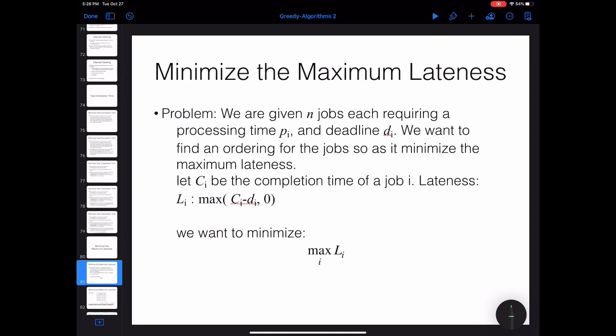How can I define the lateness? The lateness is defined as how much delay, how late you are in doing it after the deadline. So for job I, assume that you have some ordering of all the jobs. Whenever job I has been done, let's call it CI.